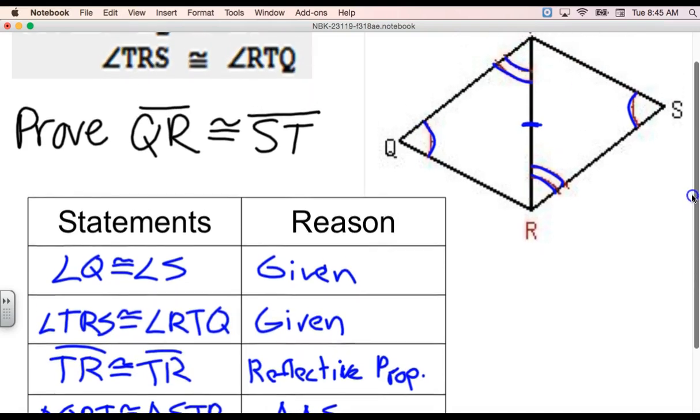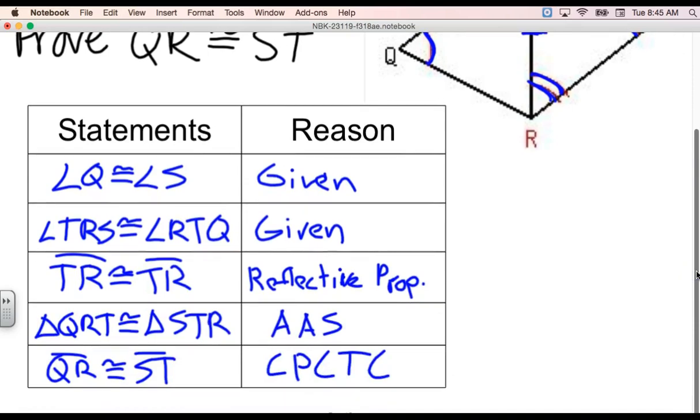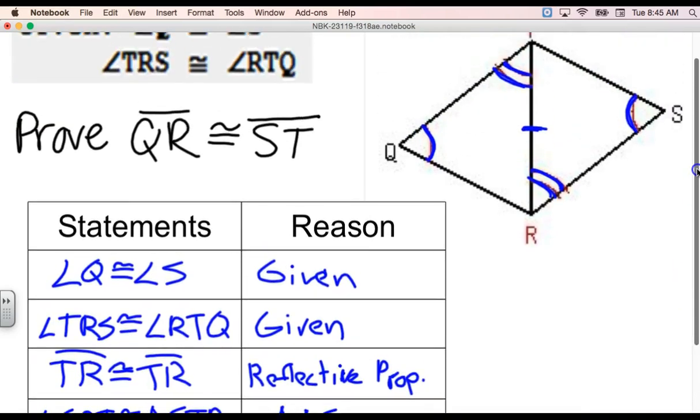Now, after we determine those sides are the same, we see we got one angle, another angle, and a side. Angle, angle, side. So we can say the two triangles are congruent by angle, angle, side. And once you know the two triangles are congruent, once you know two cars are the same, you know their parts have to be the same. So we can then say all these parts here have to be the same as each other.